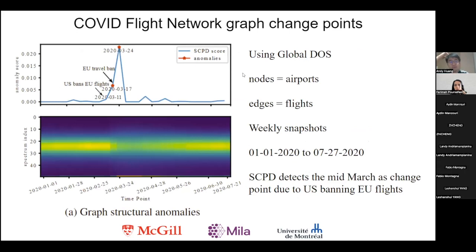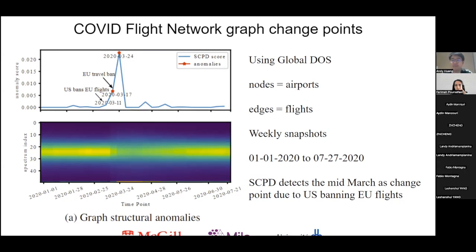The next network that we look at is the COVID flight network. This is a crowdsourced flight network of the different airports and flights between them in the world in 2020, which is when COVID happened. We have a lot of distribution change in 2020 because of the flight restrictions. By using the global density of states, we can find the global graph structural changes.